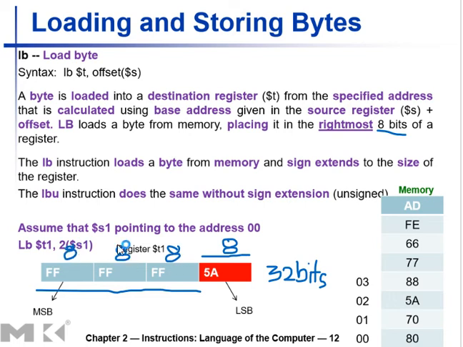So totally we have 8 plus 8 plus 8 plus 8, 32 bits. The load byte loads a byte from the memory, placing it in the rightmost 8 bits. It will place it here in these 8 bits. So this is the idea of load byte.